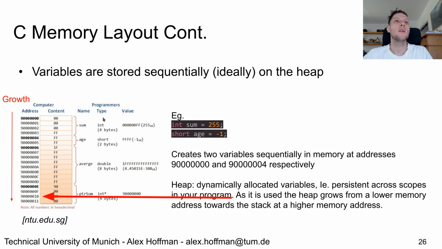If the example on the right was in a function, firstly sum was created because you said, I want an integer called sum with a value of 255. That gets put into memory. The endianness of the system, whether the most significant byte comes at the beginning or at the end of memory, determines the order.